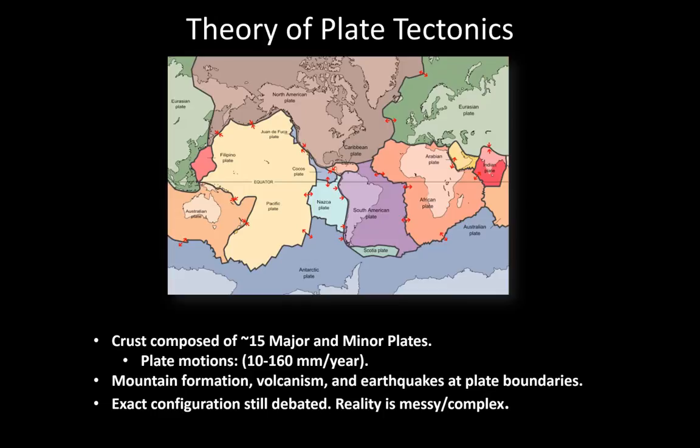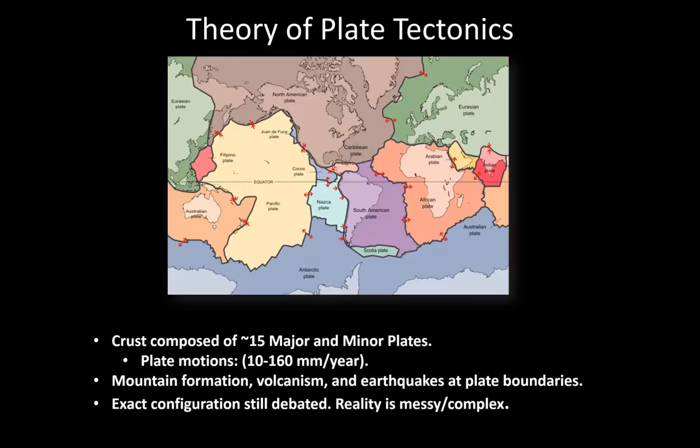If you were to look at your fingernails, you wouldn't actually be able to observe them growing, but over time you can see the total movement is actually something that happens. We also see that at the boundaries of the plates is where geologically interesting things, like mountain formation and volcanism and earthquakes tend to happen.